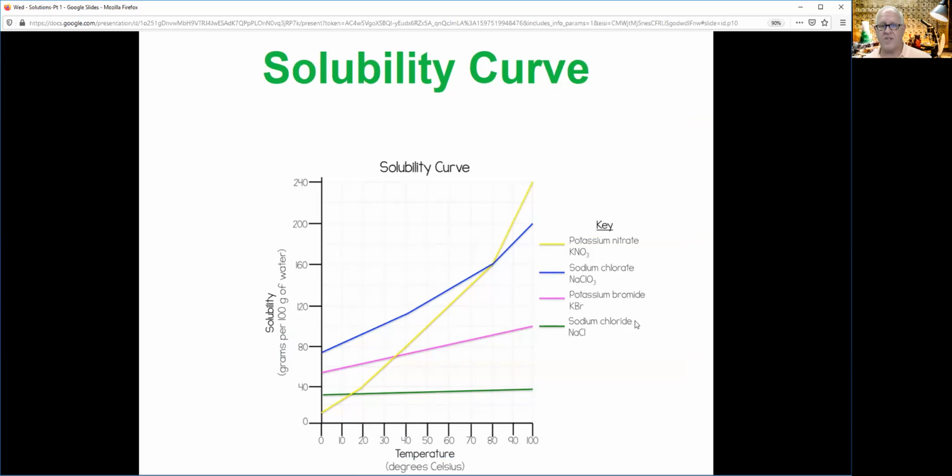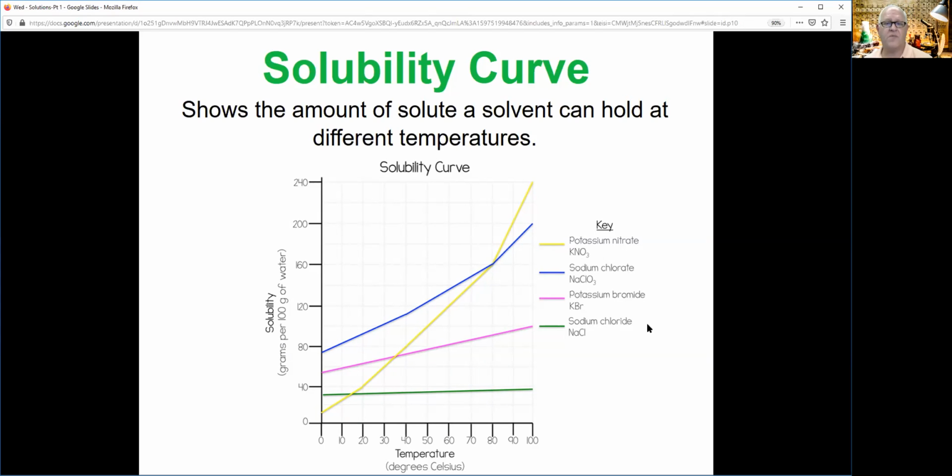So here we have a solubility curve that shows a different amount of solute a solvent can hold at different temperatures. Now, on the left-hand side, we're looking at grams per 100 grams of water, and that's your solubility level.